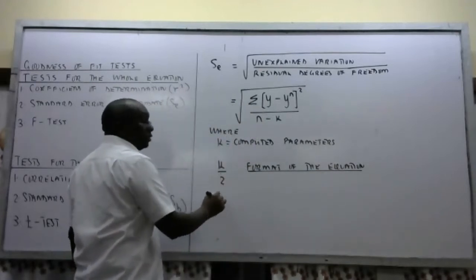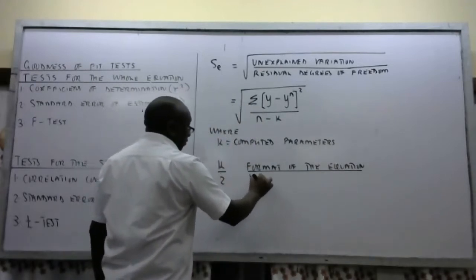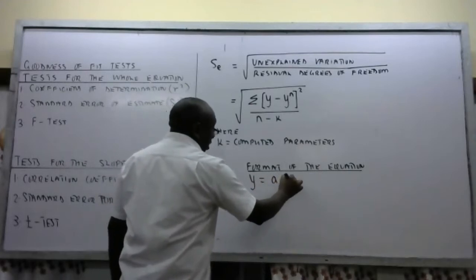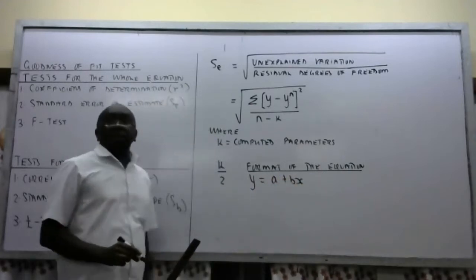So if k is 2, then you are dealing with an equation of y equals a plus bx.